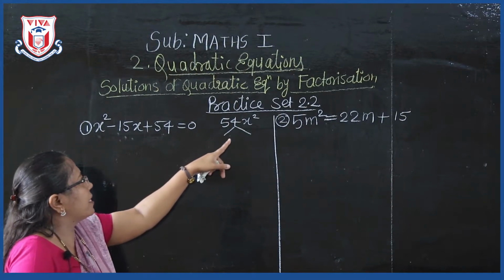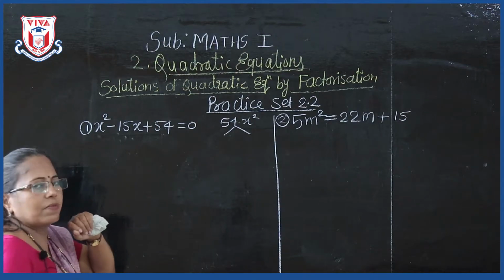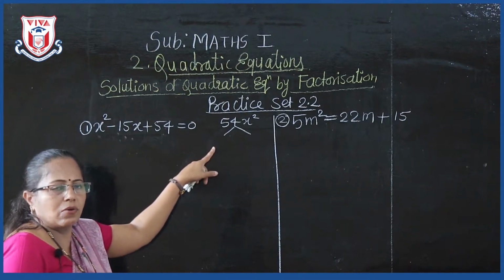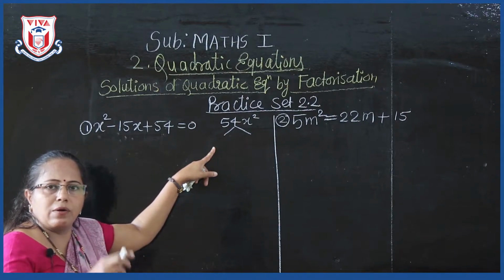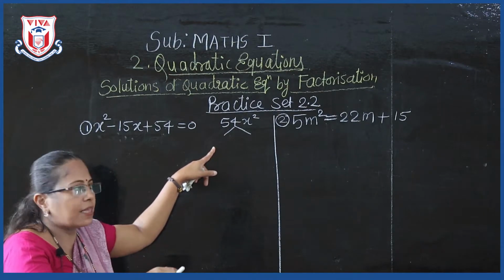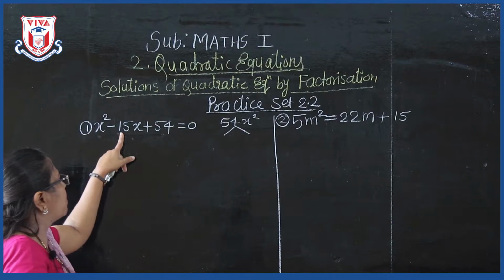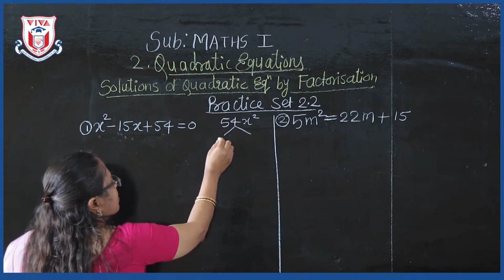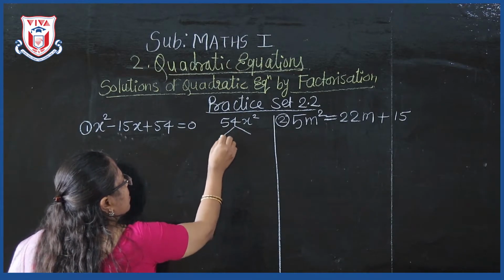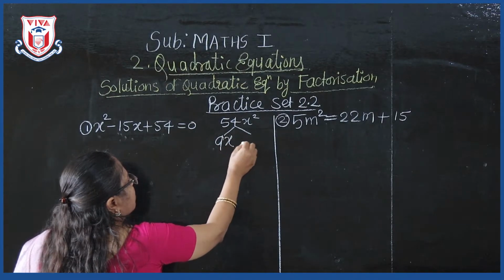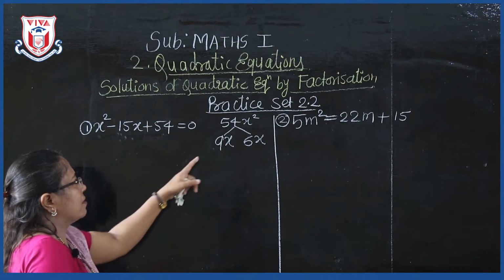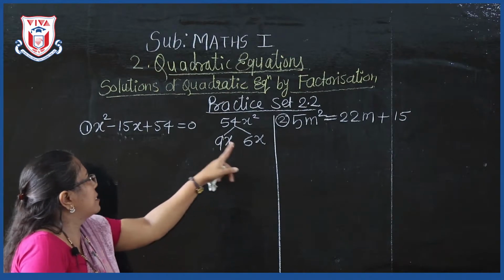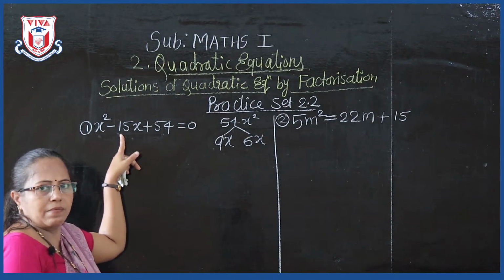So whose product is 54? You will get different pairs whose product is 54. You have to select the pair such that its sum is 15. So the factors of 54 are 9x and 6x, and 9 plus 6 you will get 15.